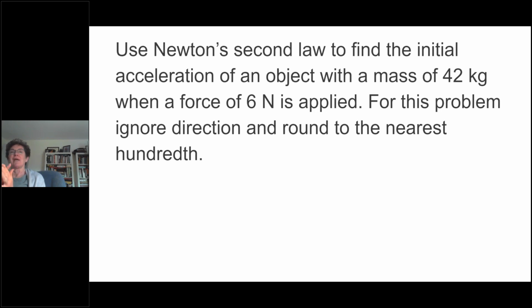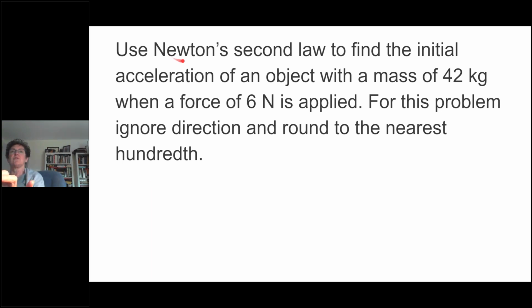To make this easy, we're going to ignore the direction. Just act like all we're concerned about is the speed of the object, the acceleration, and round to the nearest hundredth. That means your answer is going to have 2 numerals after the decimal point, because that would be the hundredths place.